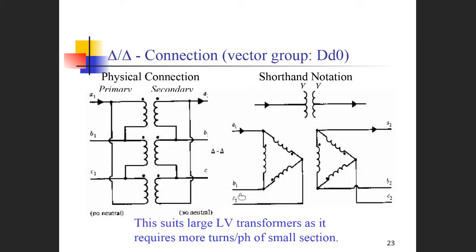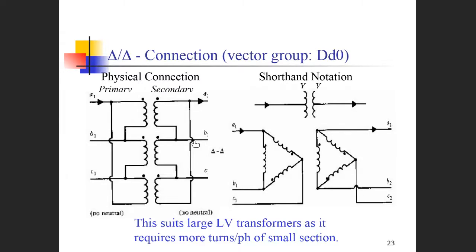Okay, here we have the delta connections. Once again, here is the delta vector 0. We have other types of it, as I just explained, for the star-star connection, not repeat of it. So anyway, very simple: the primary is connected in a delta connection, the secondary is connected in a delta connection.